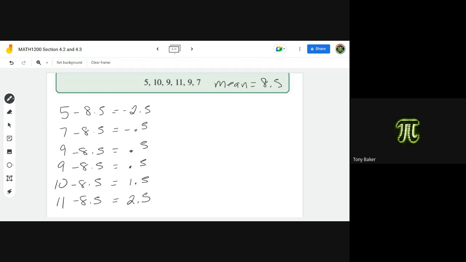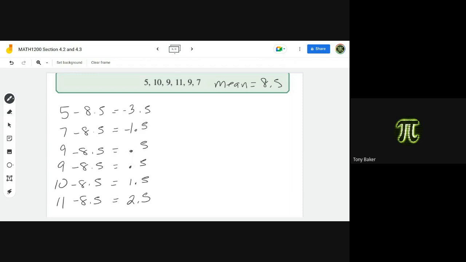Oh, sorry, that's 3.5, not 2.5. Simple subtraction screws me. You're right, it is. Any of the other ones I screw up? I got all the positive ones right? Okay.